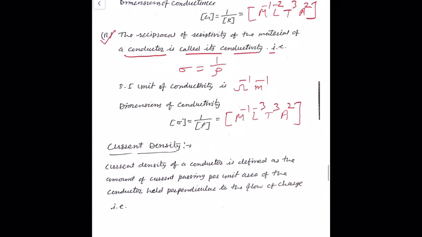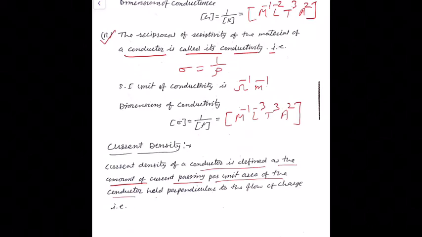Current density. Current density of a conductor is defined as the amount of current passing per unit area of the conductor held perpendicular to the flow of charge.